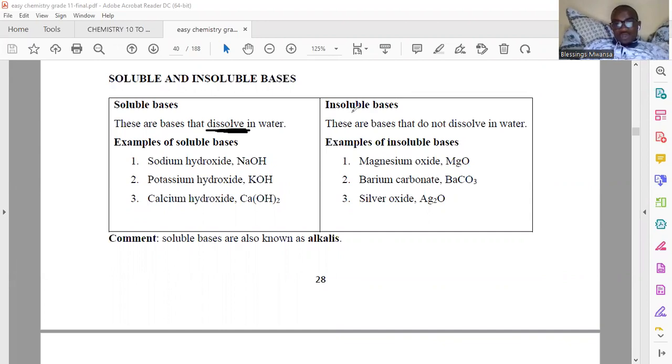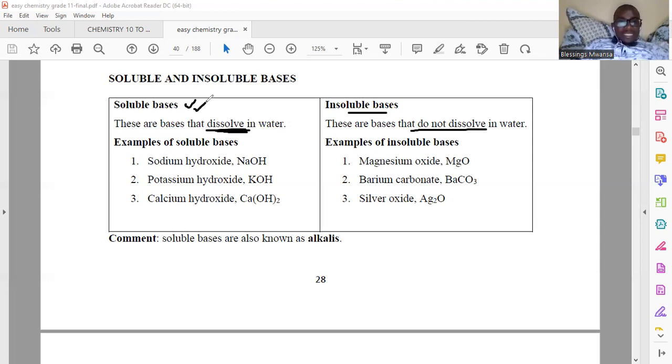What is an insoluble base? An insoluble base is a base that does not dissolve, a base that cannot dissolve. Therefore, when we are looking at solubility of bases, we focus much on the soluble base.